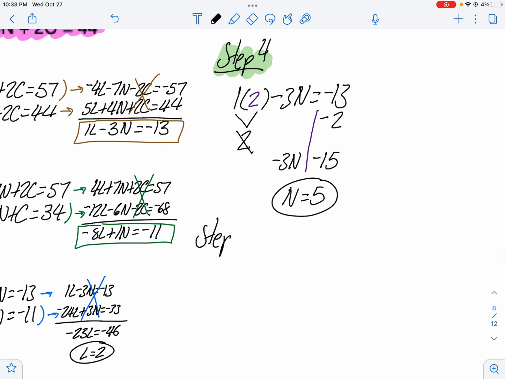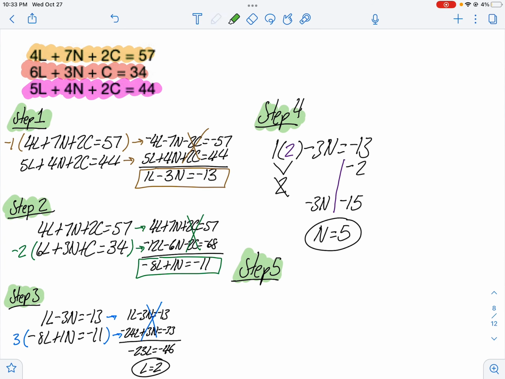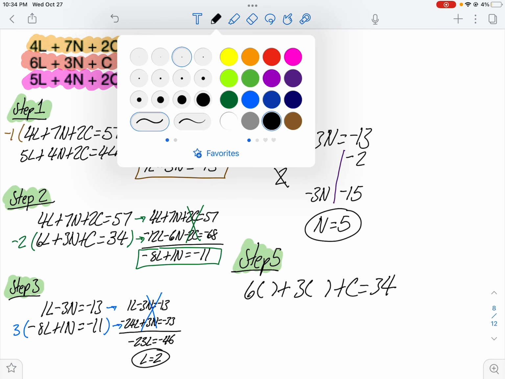So we go to step 5, where we choose one of our original equations up there. Since we don't have C, I'm going to pick the middle one because C is already by itself in the middle one. So I'm going to say 6L, which I know what L is already, plus 3N, and I know what N is already, plus C is equal to 34.